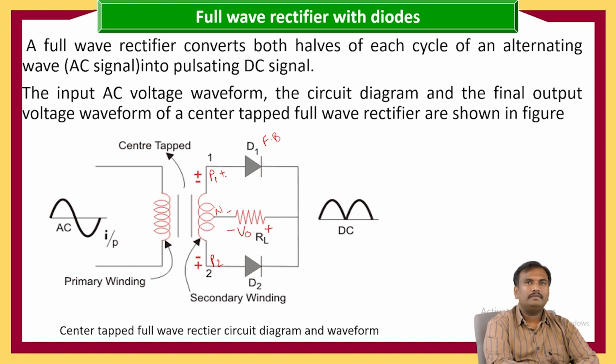So when input is positive, the output voltage is equal to the input voltage, that is Vm sin omega t.